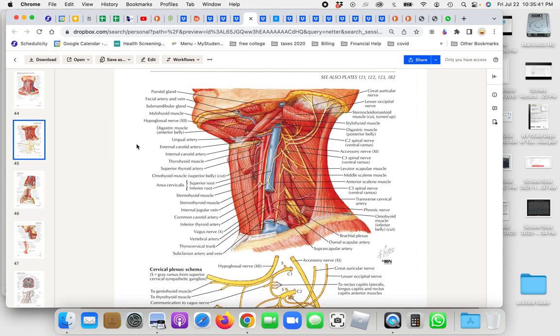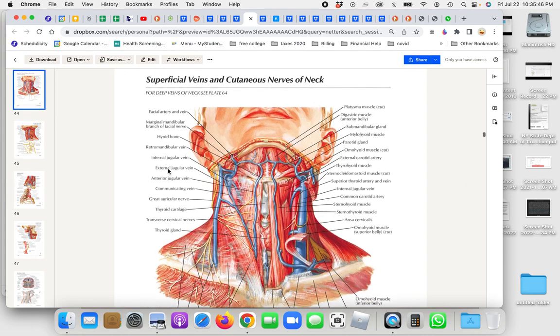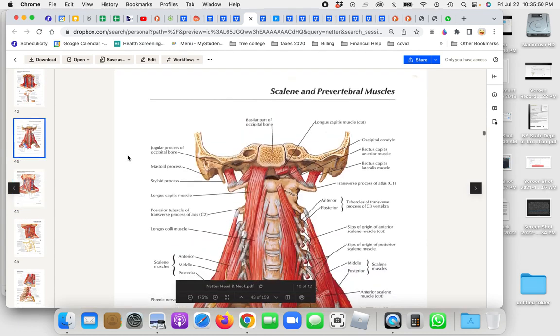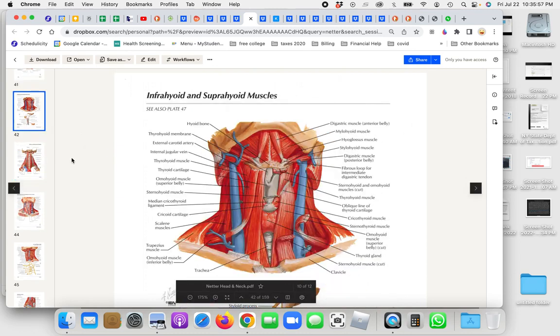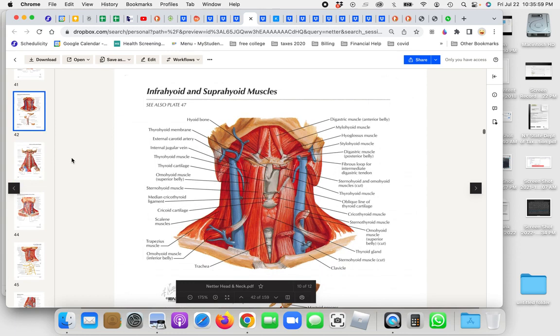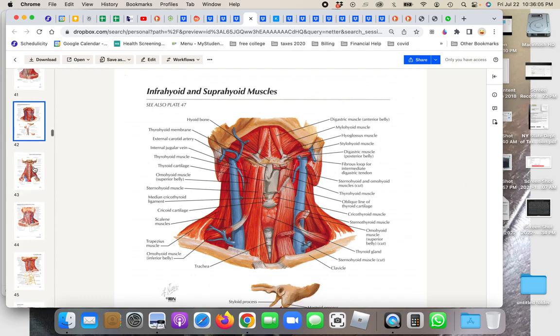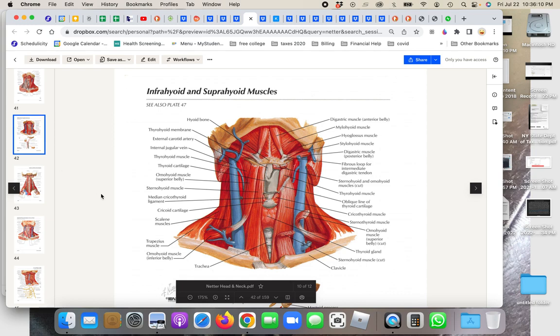No, I'm not seeing them here. No, I don't see them there. Suprahyoid and infrahyoid muscle. No, I don't see them.